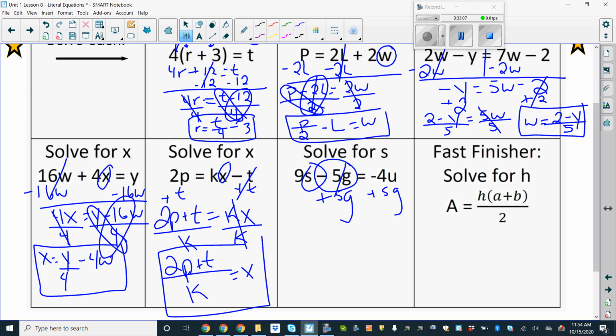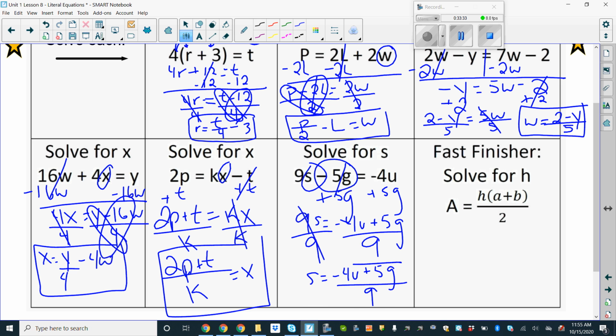And we're left with 9s equals negative 4u plus 5g. Nothing can be combined. That's a u and a g. Here, last step is divide by 9. S equals (negative 4u plus 5g) divided by 9. And we don't need to divide each term by 9 because they are not going to simplify. Negative 4 and 9, and 5 and 9 are not going to simplify to any other number.